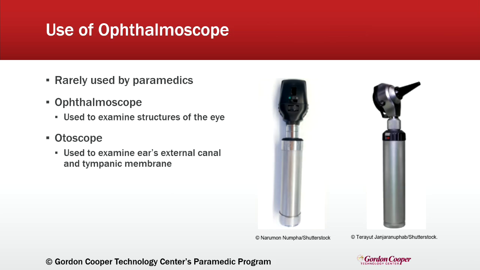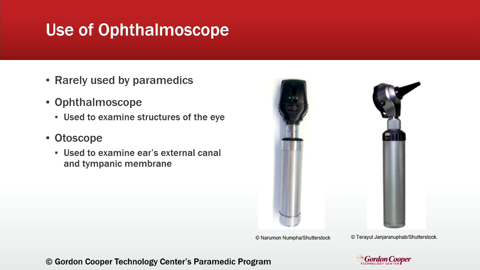We see these couple of devices here on your screen. Commonly, in the emergency room or in physicians' offices. An ophthalmoscope is used to examine the structures of the eye, especially the retina and the optic nerve. And then we have an otoscope that's used to look at the internal parts of the ear canal and the tympanic membrane or eardrum.